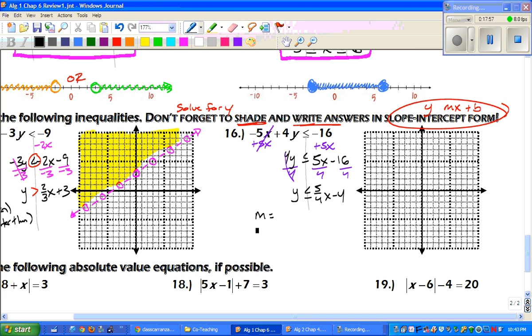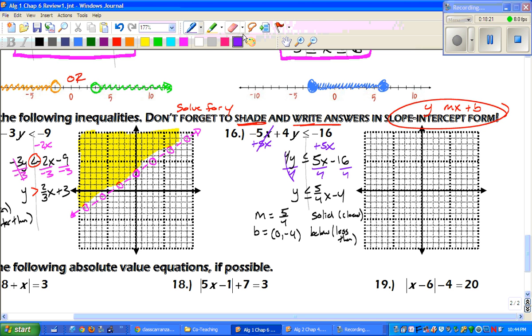So the same thing, the slope, the y-intercept. The slope is 5 over 4. Negative 4. It's solid because it's closed. And then we shade below because it's less than.